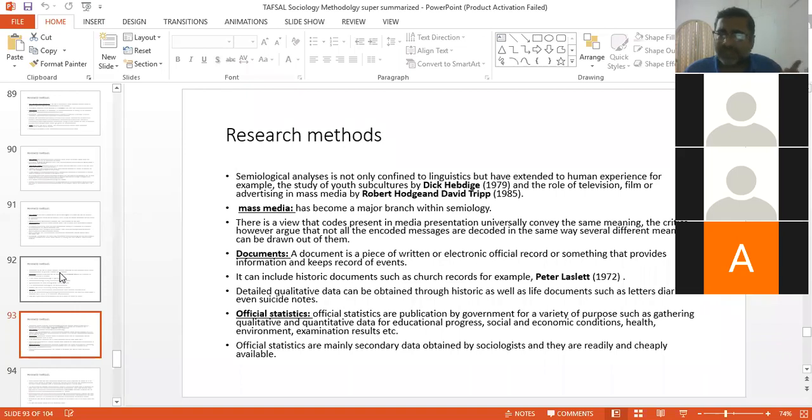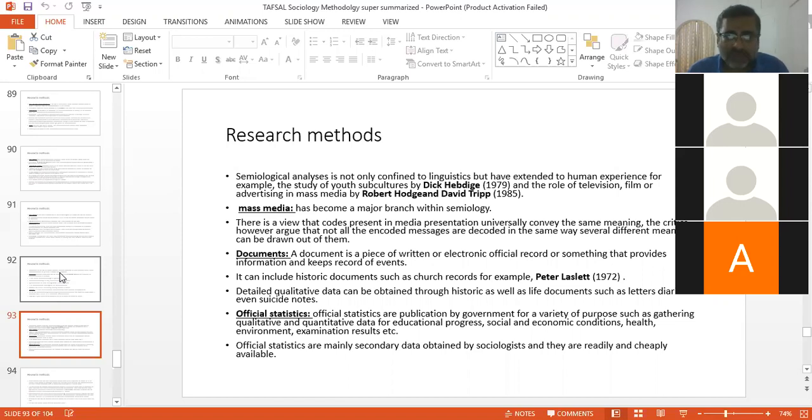So that's important. Records contribute to qualitative interpretation of history, somebody's life documents, somebody's letters. This is very important when it comes to sociological research.